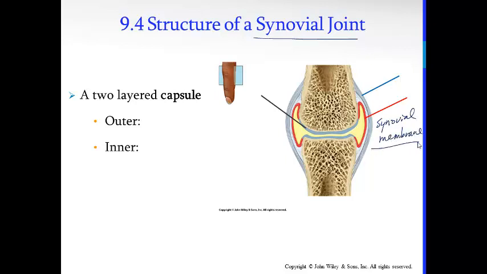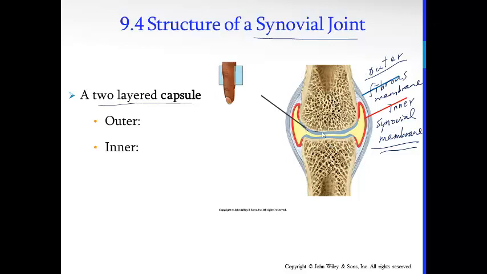The synovial membrane is the inner layer, and the outer part is your fibrous membrane. These two together form your articular capsule that surrounds the two bones.